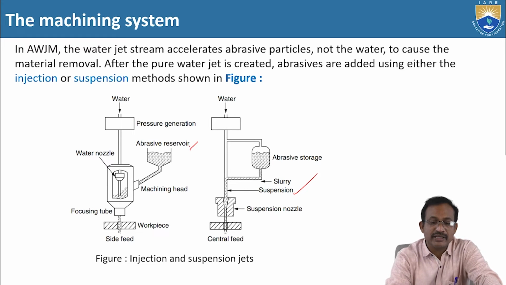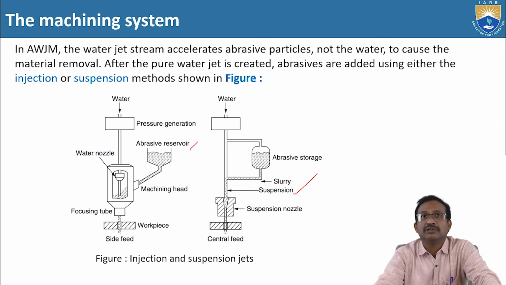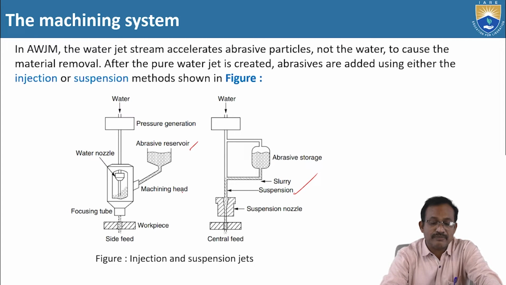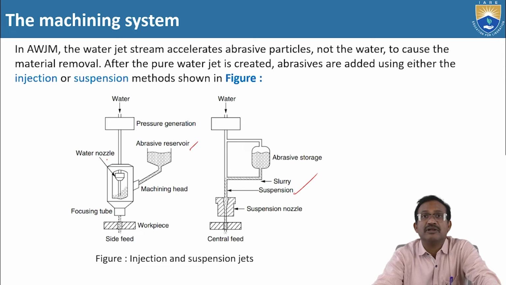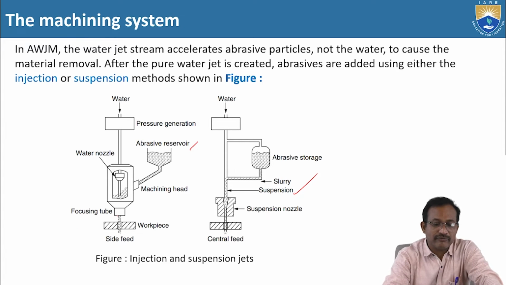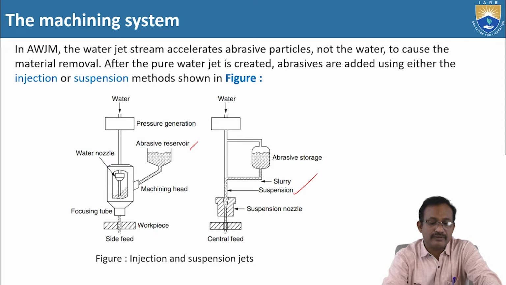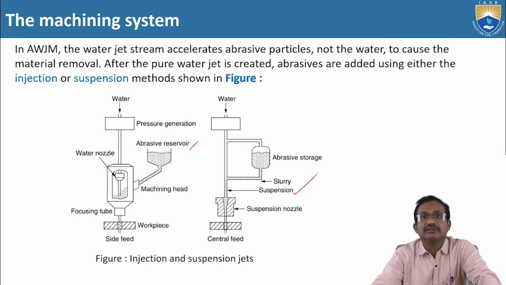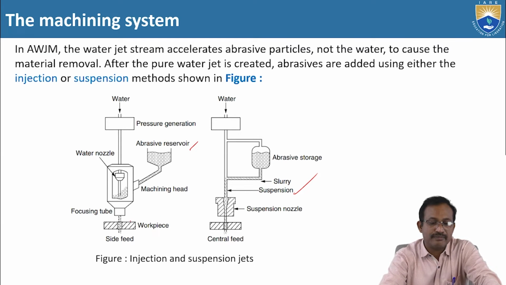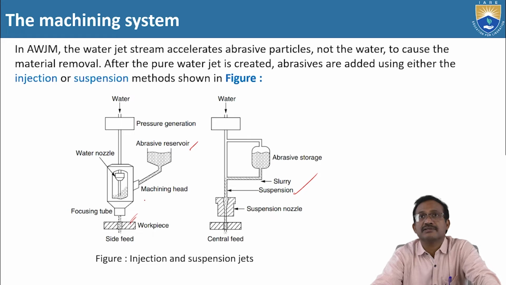Here the abrasive reservoir, and this is the machining head. Here the water nozzle will be arranged to accelerate the water. Here the focusing tube, so that the mixture of water and abrasive particles will come as a jet, and with side feed mechanism it removes the material of the workpiece surface.